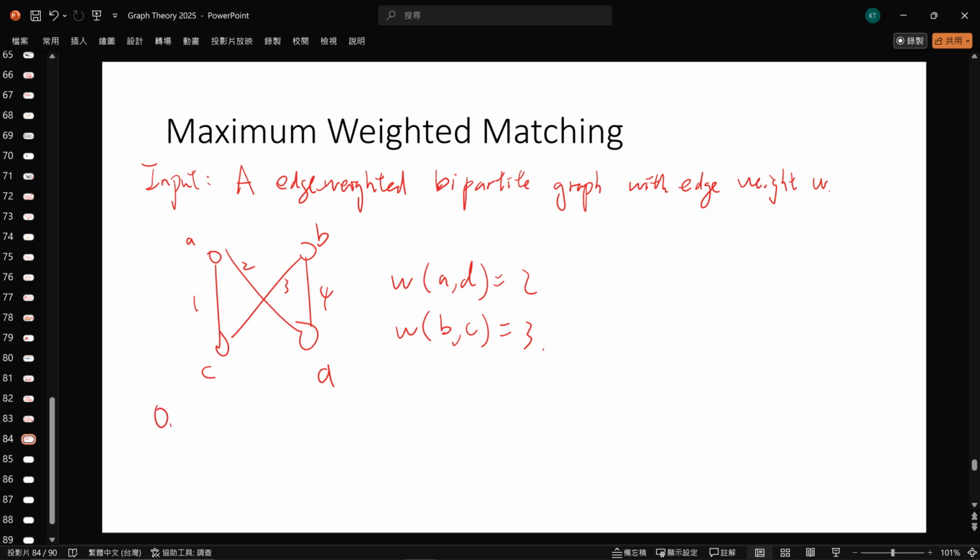And the output is a matching M such that the total weight of the edges in the matching is maximized.